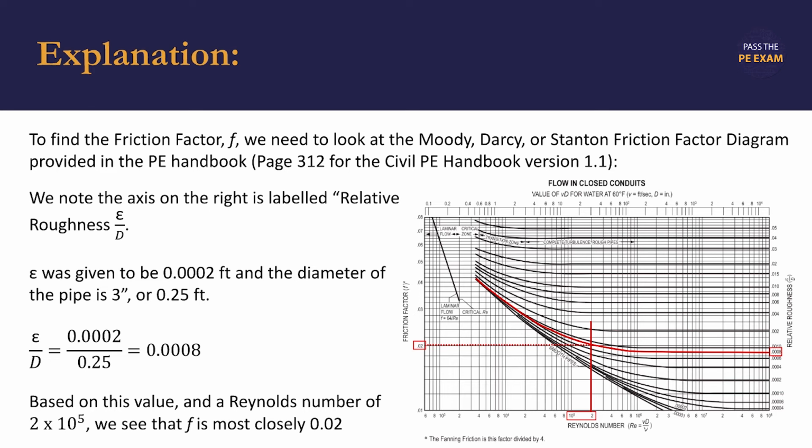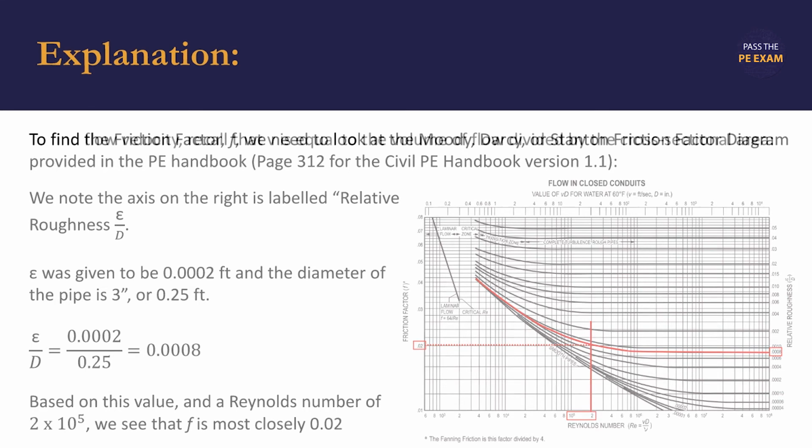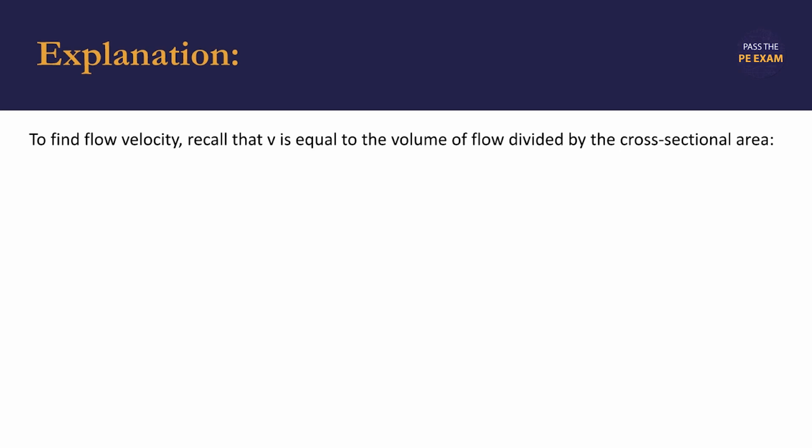Now, as we recalled earlier, V is the volume of flow divided by the cross-sectional area. V equals Q over A. When we substitute our values into the equation, 100 GPM for Q and 1.5 inches for R, recall that the diameter of the pipe is 3 inches, so the radius is 1.5. We need to convert that radius of the pipe from inches to feet.